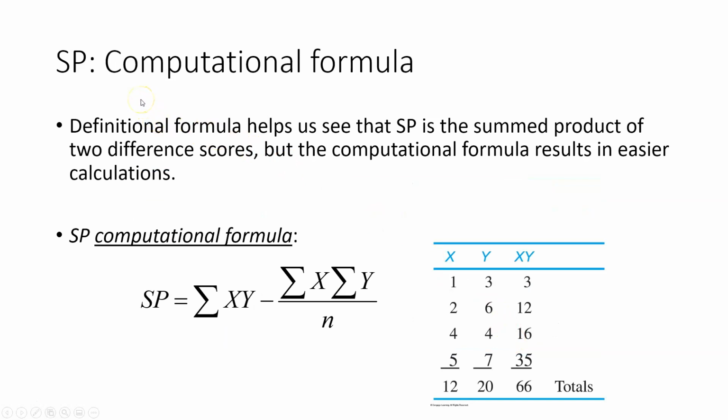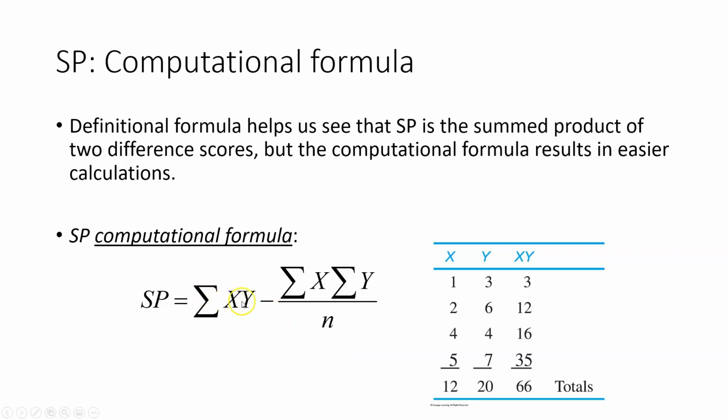Now the computational formula, just like when we used a computational formula for the sum of squares, is often easier to use and not as prone to calculation errors. And so we provide for you this computational formula, and you'll notice when you look at it that it follows a very similar format to the sum of squares computational formula.